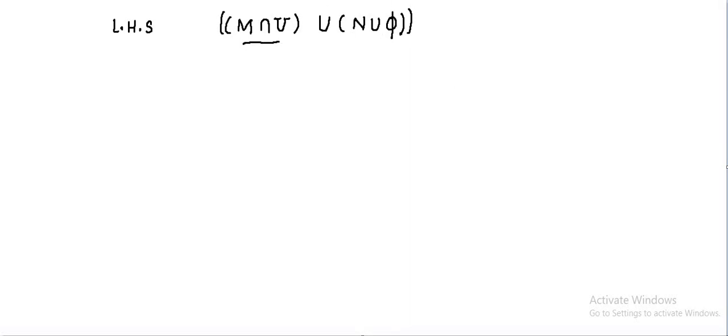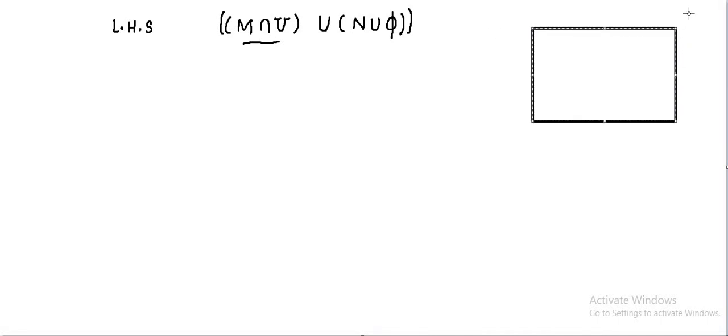First one, that is M intersection of universal set. Suppose this is my universal set U. To solve these kinds of problems, it's better that you make a Venn diagram. It will be much easier to understand, and it will develop a concept which is unforgettable, rather than you just remembering the facts. It will be very helpful if you make the Venn diagram.